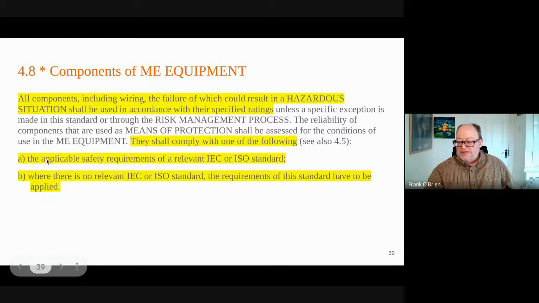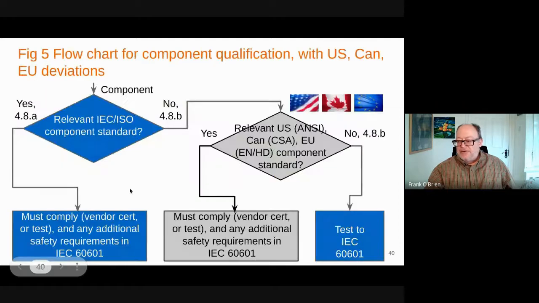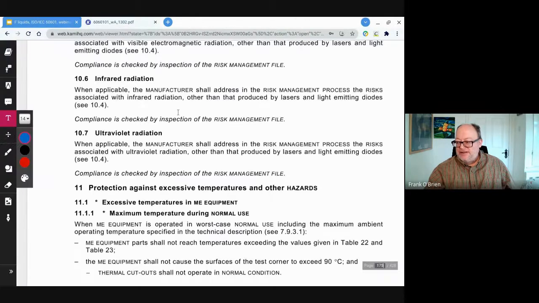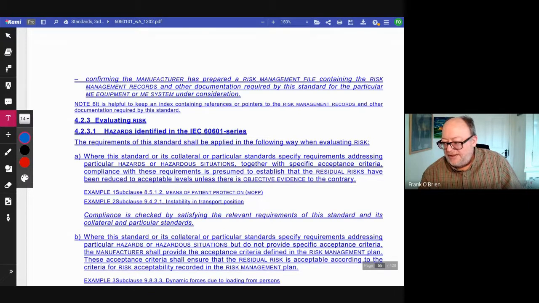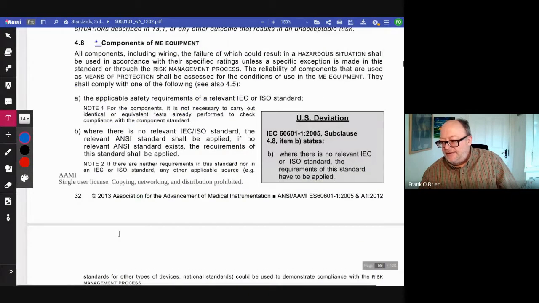So this was A or B, right? A says comply with the relevant component standard. It doesn't say it in that clause, but there is a flow chart as well. Where's the flow chart?